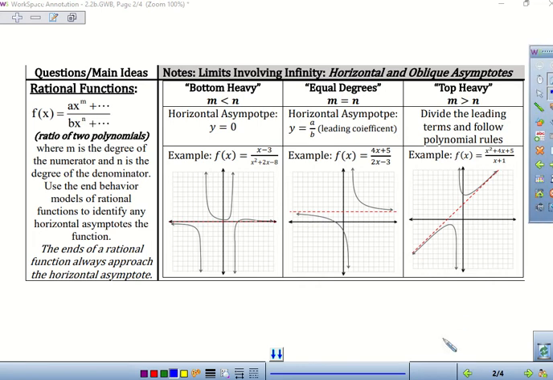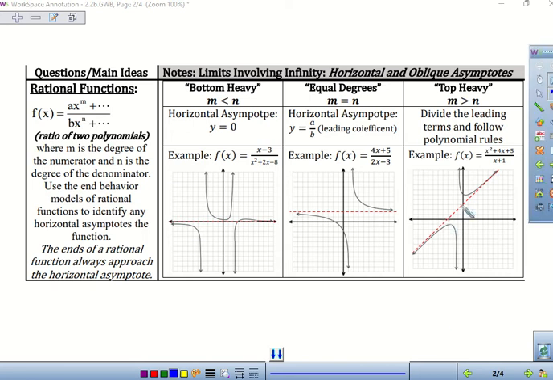And then lastly, we have oblique asymptotes. An oblique asymptote is when you have a top-heavy function. With a top-heavy function, you end up with an oblique asymptote. An oblique asymptote can be a linear function, it could be quadratic, it could be cubic, it could be any degree function, but that function's end behavior determines the limit of the original function.